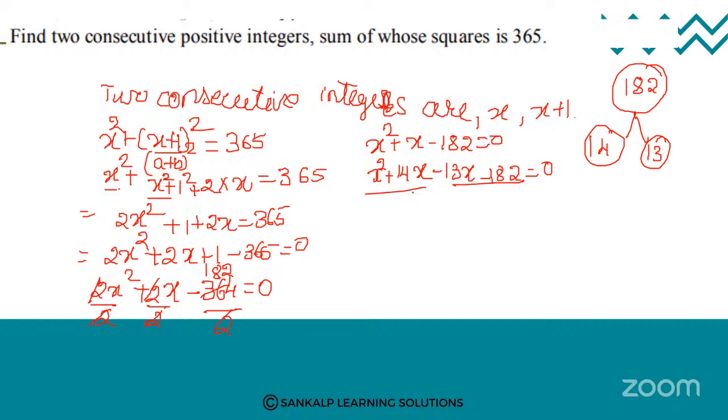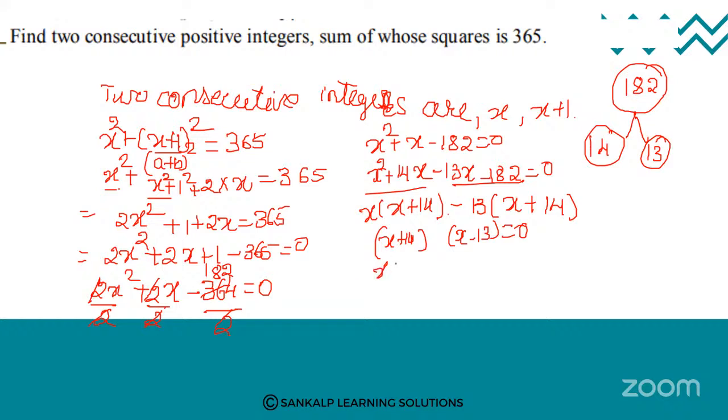Now here x is common, so x plus 14. 182 can be written as 14 into 13, so 13 is common. Minus into minus is plus, so we are left with 14. x plus 14 is one factor and x minus 13 is the other factor.